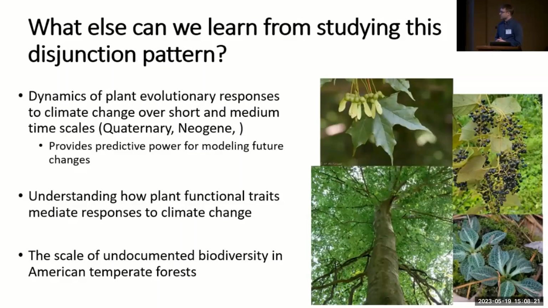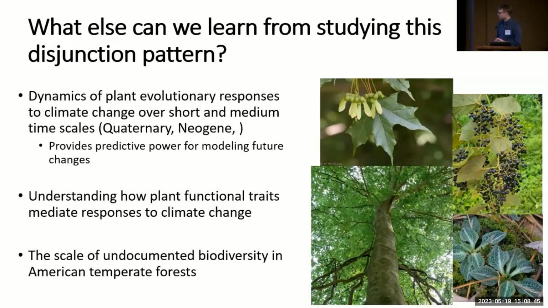And because there's such a huge diversity of plant functional traits found across these disjuncts, it will be interesting to see if we can understand how particular traits mediate a given species' response to climate change, in terms of its ability to disperse, its rates of phenotypic evolution, its rates of speciation, that kind of thing.